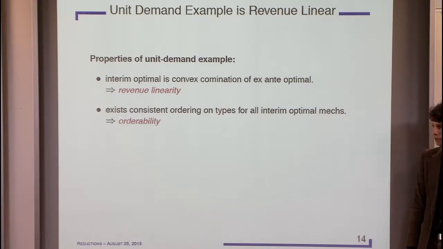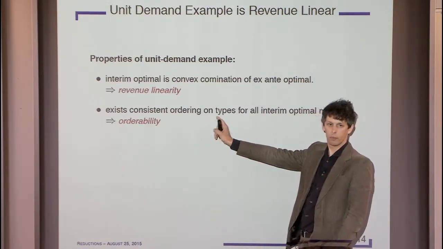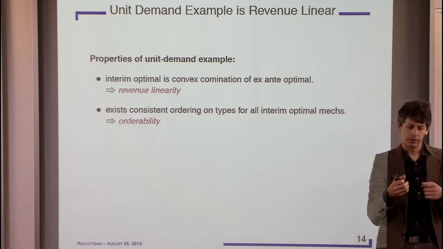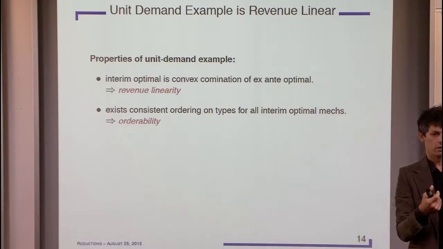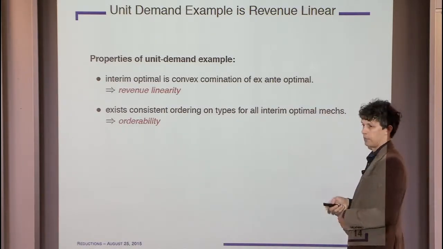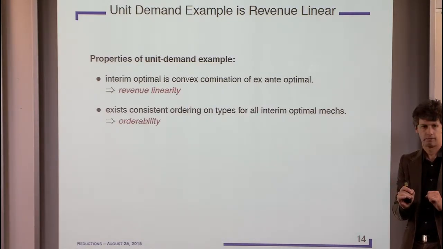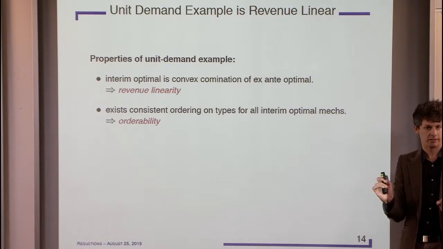Okay? Also, the ordering on types. We said that for every mechanism, you could map types to quantiles by looking at the probability that the type wins in that mechanism. So for the unit demand example, for every single allocation constraint you give it, the same ordering is fine. Okay, the orderings are consistent.